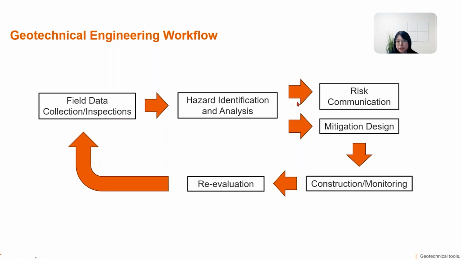The hazards can then be communicated, and if you know the consequences pertaining to the hazard, then we can communicate the risk. The workflow may stop here, or we can go on to mitigation and design, construction, and the ongoing monitoring of the performance. And if there are changes in conditions, we may want to reassess or revisit some of our assumptions, and this may prompt the need to collect more field data.